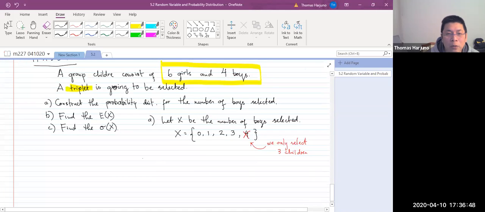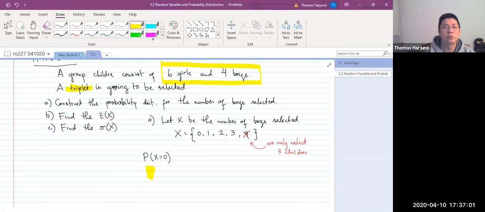So first I need to compute the probability that I get no boys. We have girls, we have boys. There are 6 girls and 4 boys.